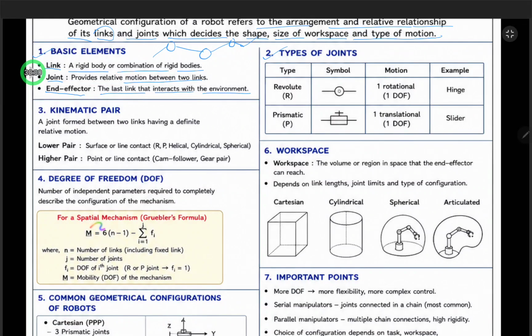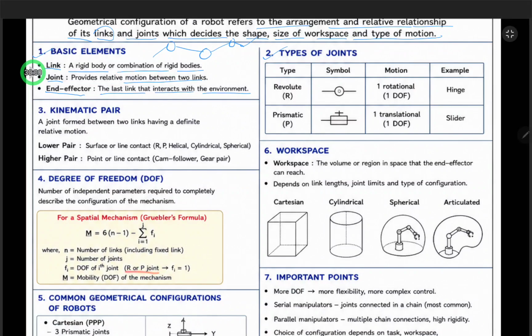For a spatial mechanism there is a formula, the Grubler formula: m equals 6 times (n minus 1) minus summation of i equal to 1 to j of f_i, where n is the number of links including the fixed link, j is the number of joints, and f_i is the degree of freedom of the ith joint.